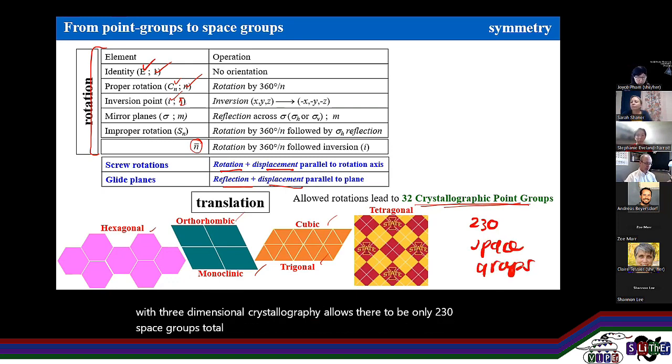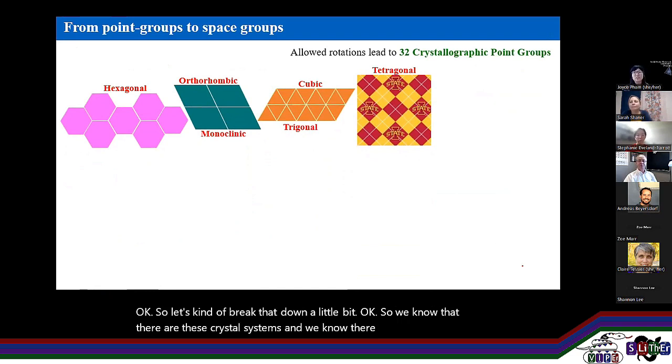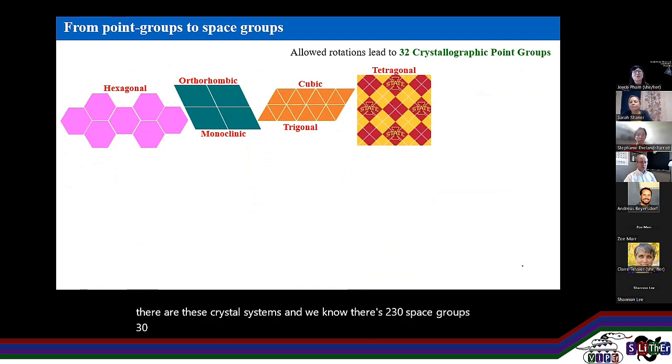So the space groups that your students will be introduced to if they're studying solid state chemistry are going to have to be one of those 230 space groups. Okay, so let's break that down a little bit. We know that there are these crystal systems, and we know there are 230 space groups and 32 crystallographic point groups that are derived from certain symmetry elements. And so I'm going to break that down.